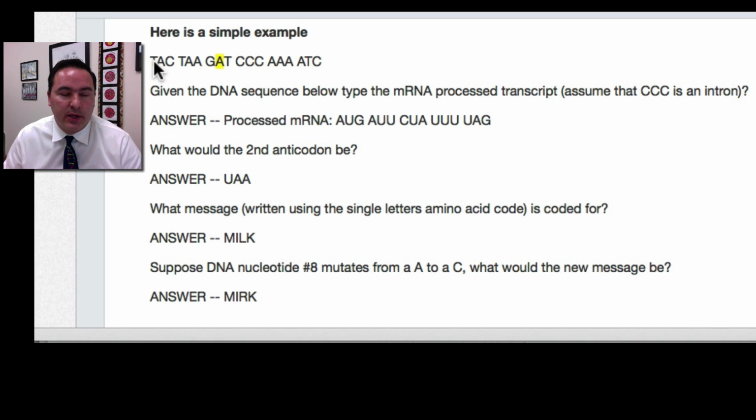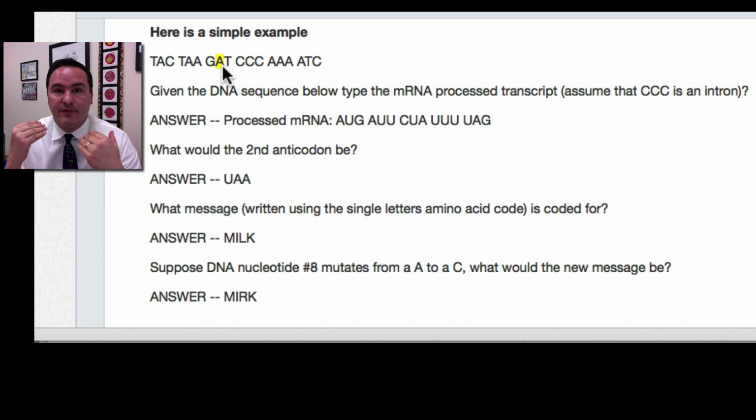What I'm showing here in the first line is the DNA template strand, right? DNA is double-stranded, and then it's unzipped, and then RNA polymerase goes along the DNA template strand and makes a complementary copy of that DNA.